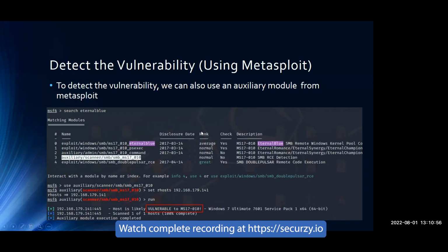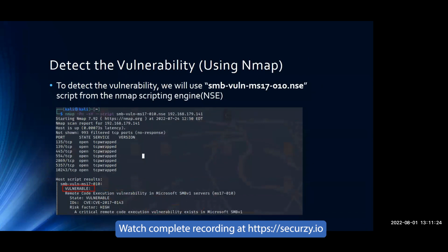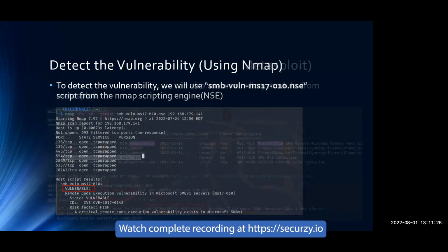Here you can see the third one, ID number 3, that module: auxiliary/scanner/smb/smb_ms17_010. This module can be used to detect whether a target machine is vulnerable. We are doing the same thing that we did with nmap. We are detecting whether a system is vulnerable or not.